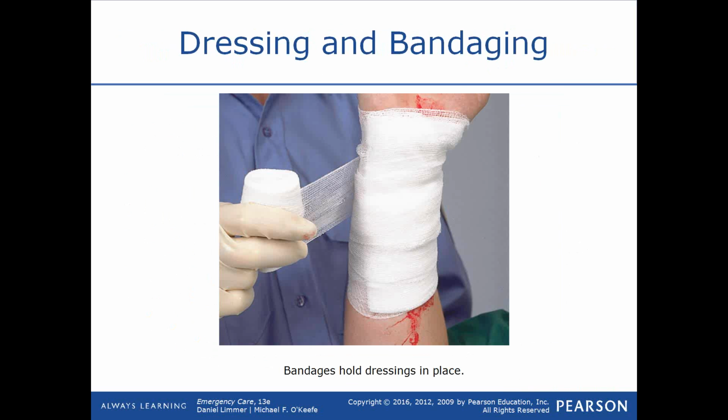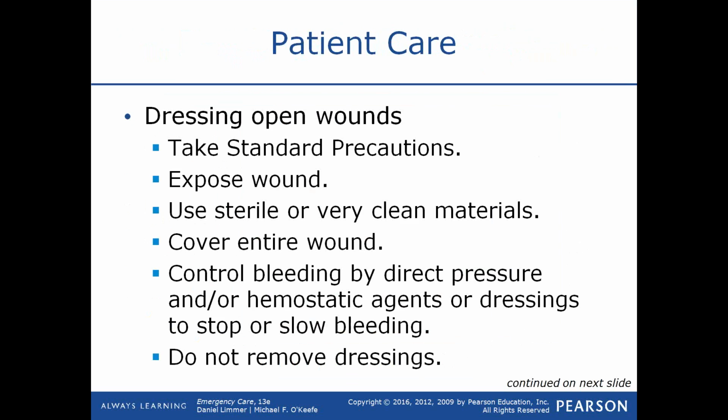Here is just a standard spiral dressing, a spiral bandage using roller gauze to hold a dressing in place. You want to take standard precautions because you're dealing with blood. You want to expose the wound, clean it if you need to, cover the entire wound with a dressing, and then hold the dressing in place with a bandage.